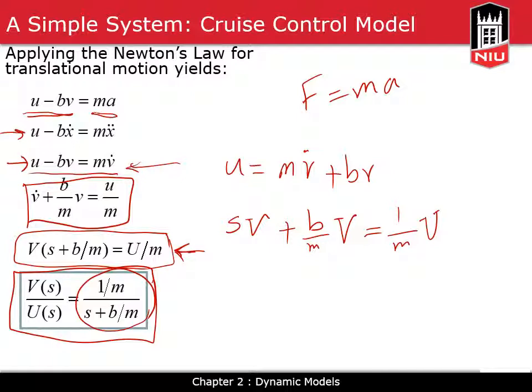And from there, we apply Laplace transform on that, and then find the output over input in the Laplace domain, and that gives us a transfer function. The reason we need the transfer function is because most of the methods that we will discuss in this course are based on transfer functions.